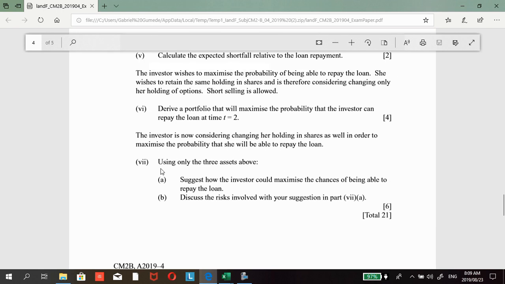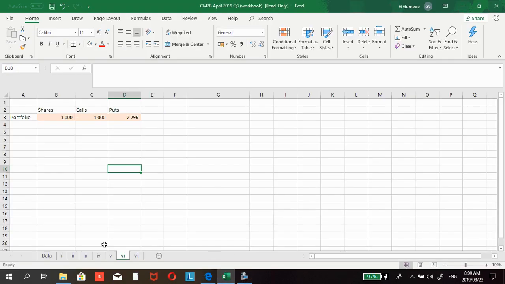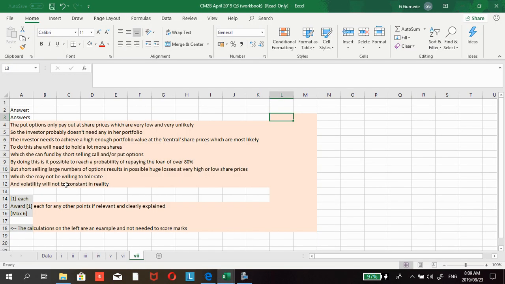Using only the three assets above, suggest how the investor could maximize the chances of being able to pay the loan, and discuss the risk involved with your suggestion. That is an explain part, and any sensible reasons will be given marks. Here are the reasons and the risk shown here.